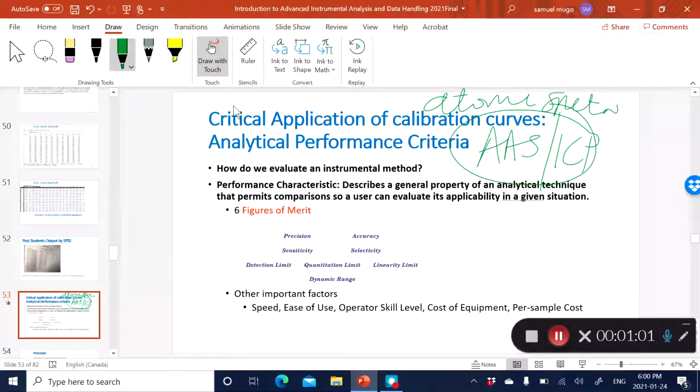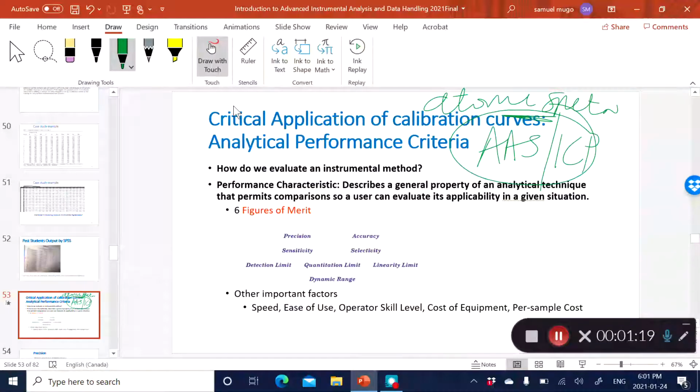So how do you determine which is the best instrument to use for a certain application? Well, they perform essentially the same purpose. They are used for atomic spectroscopy.